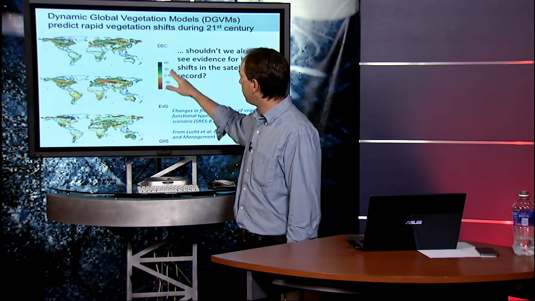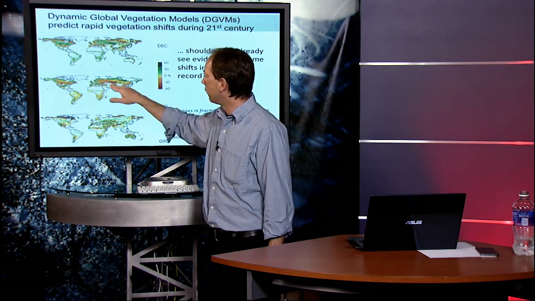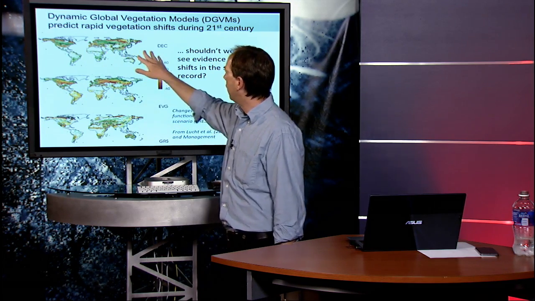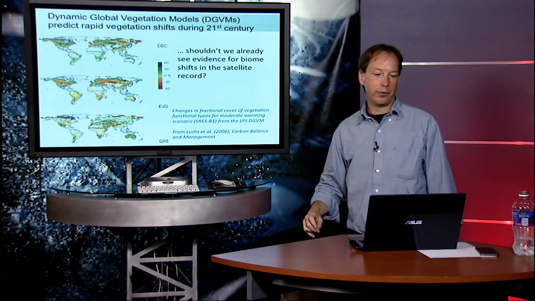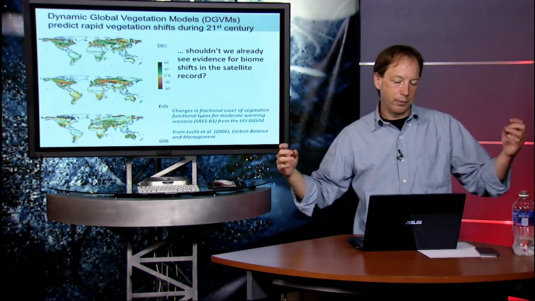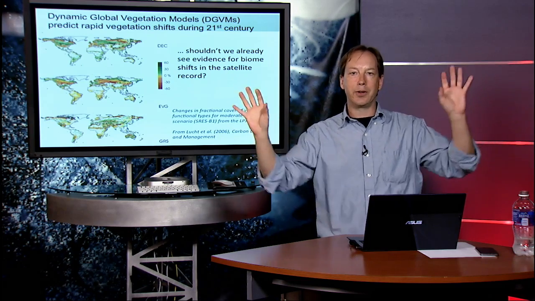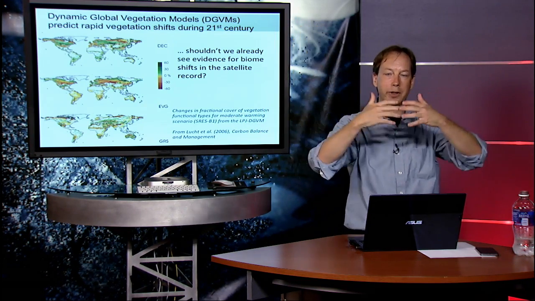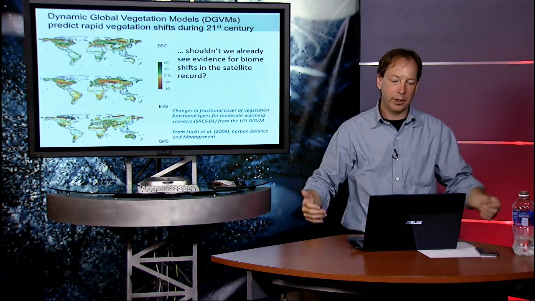So, for example, evergreen needleleaf forest across the temperate region is largely replaced with deciduous broadleaf forests. And so you can think of the evergreen needleleaf forests of the Great Lakes and New England sort of migrating north, and in turn being replaced by the broadleaf forests in, say, the Mid-Atlantic or the Ohio Valley.